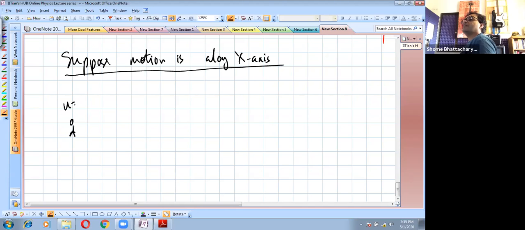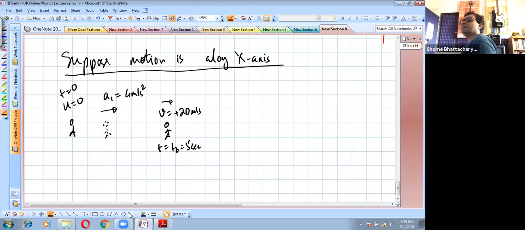He's starting at rest at t equal to 0. Then he is moving with a uniform acceleration a1 of 4 meters per second square till he reaches the time t0 which we have calculated, 5 seconds, when his velocity becomes plus 20 meters per second.